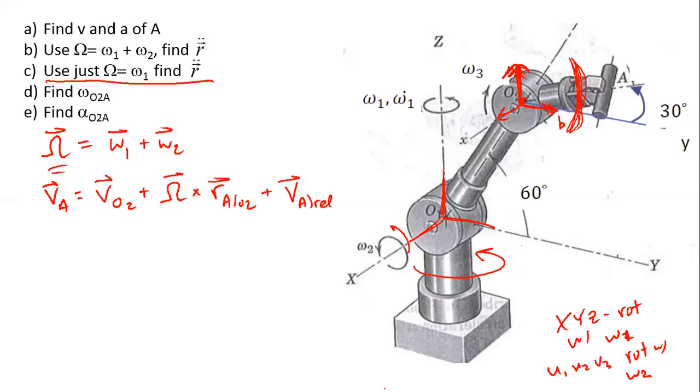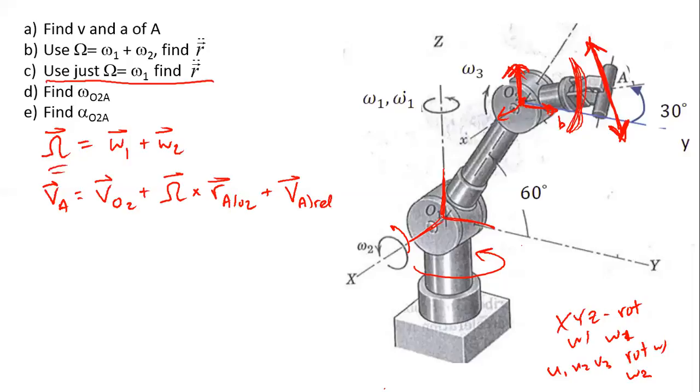So yes, if I'm not rotating with omega 3, then this is going to have some sort of a V-rel, because I'm not including omega 3 in this, so that means I'm going to have a VA rel term.